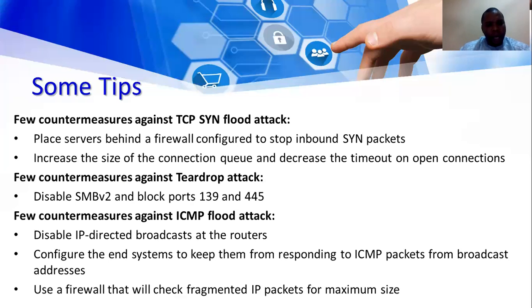Also, you can have this countermeasure against the ICMP flood attack: disable IP directed broadcast at the router. If you work on the router configuration and configure it perfectly, disabling IP directed broadcast, then you are saving yourself from the ICMP flood attack.